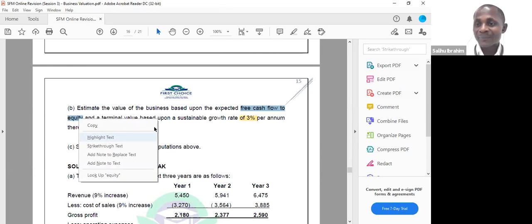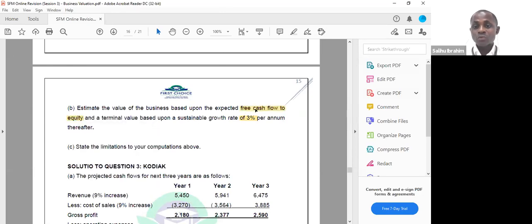You are not adding debt, because the question has told you that the basis should be free cash flow to equity. And we all know that when we discount our free cash flow to equity, the market value that comes out is the market value of equity. So you don't go and add debt to it. You understand? That's the reason why we did not add the debt to it.